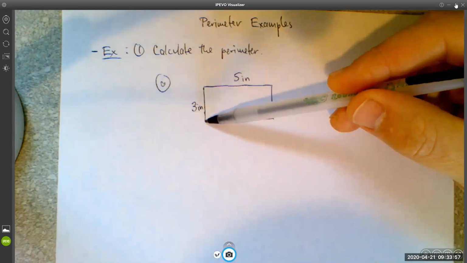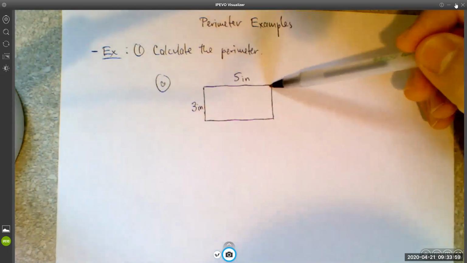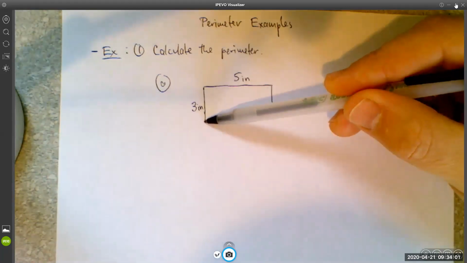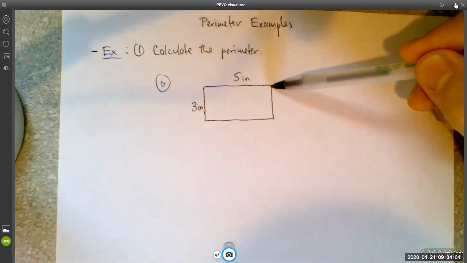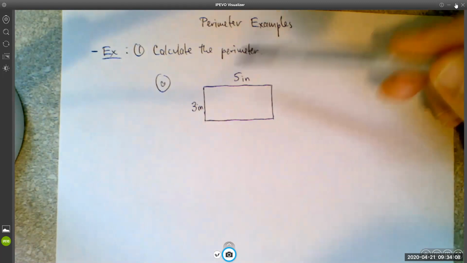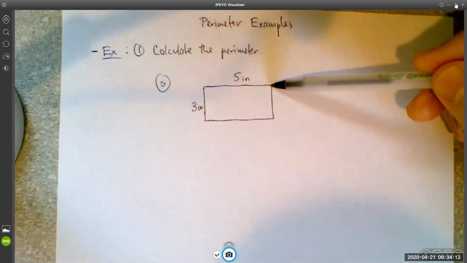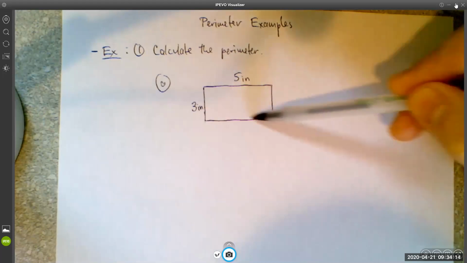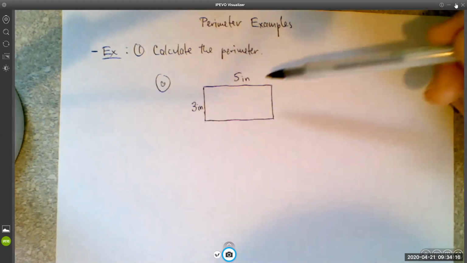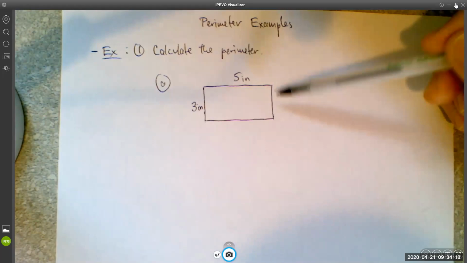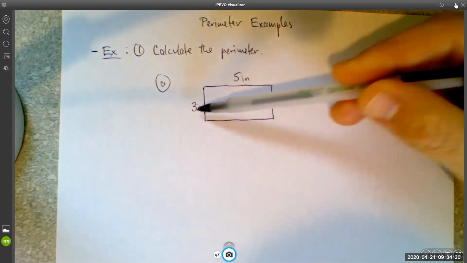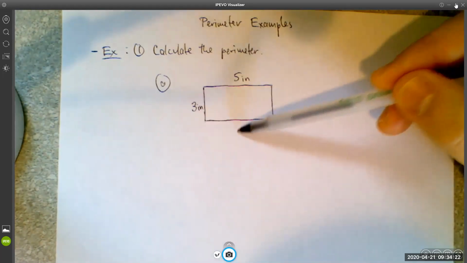If you said 8, you're thinking, 3 plus 5. Well, 3 plus 5 gets you from this corner to this corner, but it doesn't get you all the way around, right? If you want to get all the way around the shape, then you need to say 3 plus 5 plus whatever this length is plus whatever this length is. And since this is a rectangle, you know that this side should be the same length as this one, and that this side should be the same length as this one.